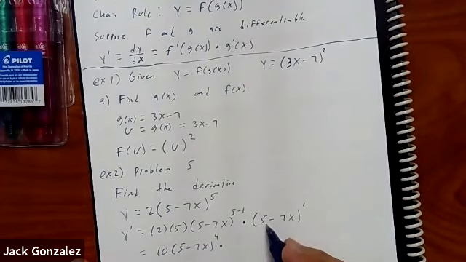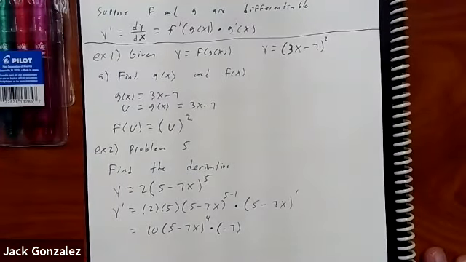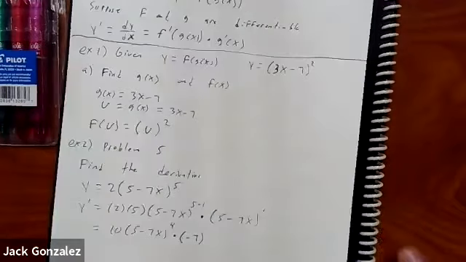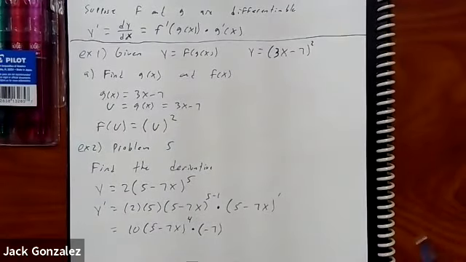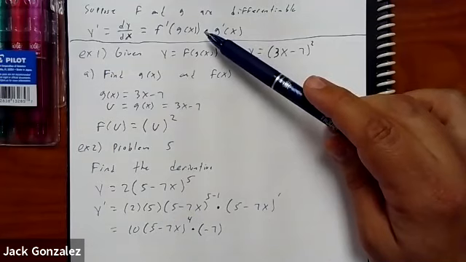That derivative will be -7. You guys agree with that? Do you see how this is the f prime and the g prime from this formula up here? Is that clear?